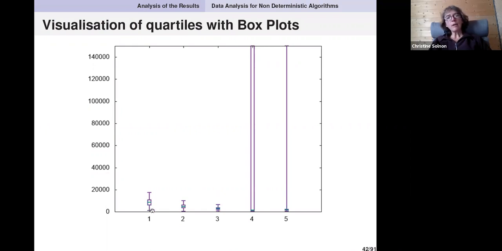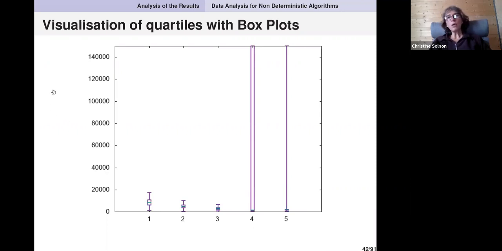I visualize here the minimum value for parameter 1, the maximum value for parameter 1, and then the box corresponds to the values from Q1 to Q3, and the green line is the median value. This gives me a much better picture than previously, and I can draw some conclusions.